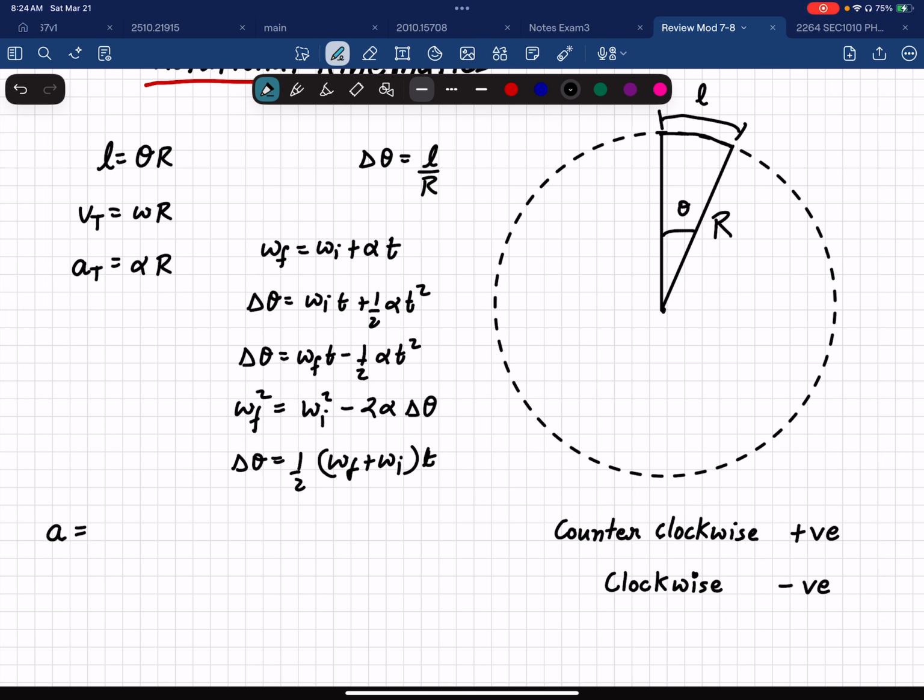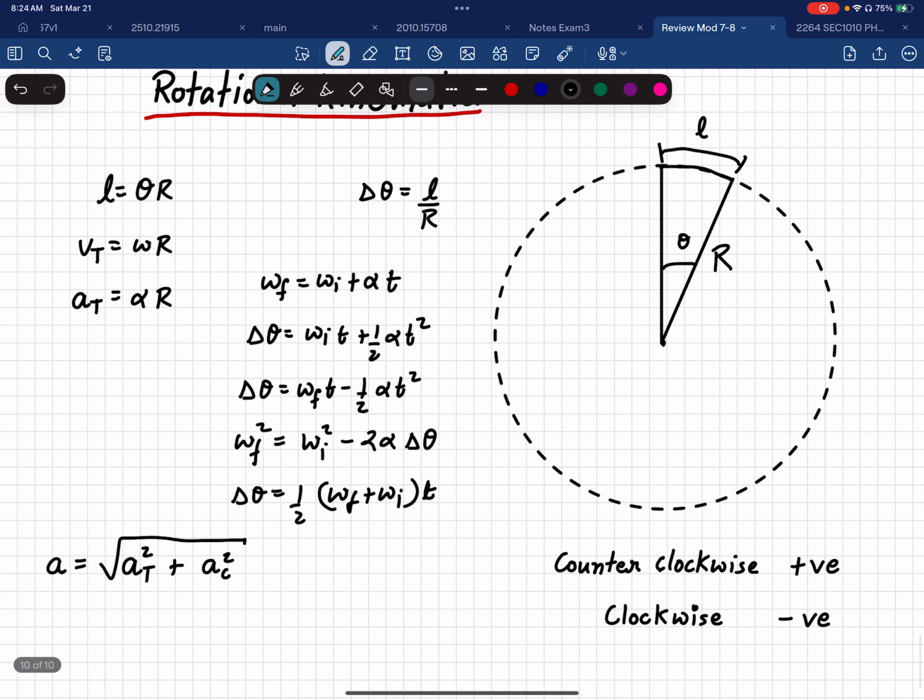So the actual acceleration, if I'm talking about it, will be a result of the centripetal acceleration and the tangential acceleration. Okay, so in other words, in any rotational dynamics, you have two accelerations.